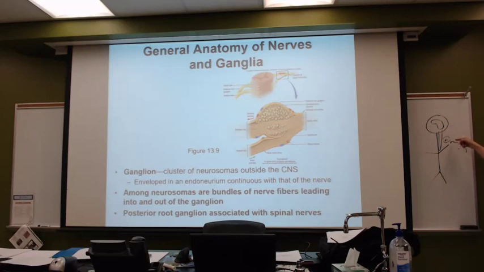So if the sensory information gets to this dorsal root ganglion, where my nerve cell bodies are, for that axon, that fiber, let me draw a nerve cell body with my little dendrites.